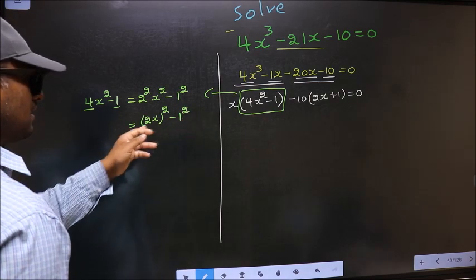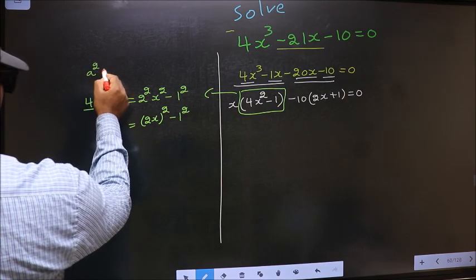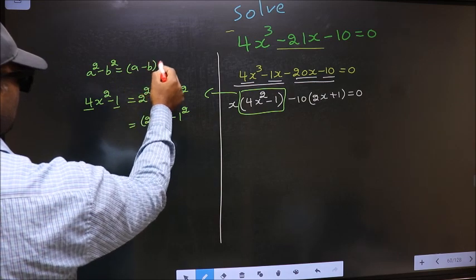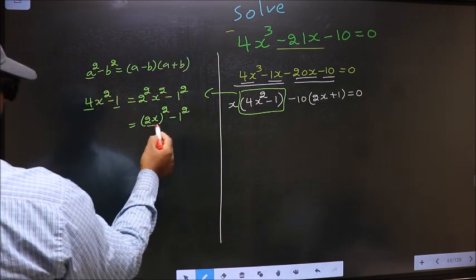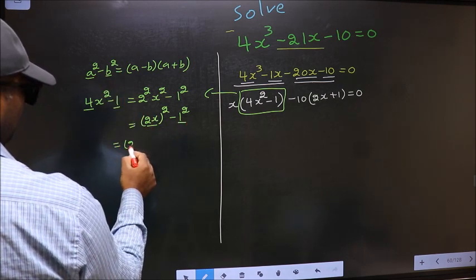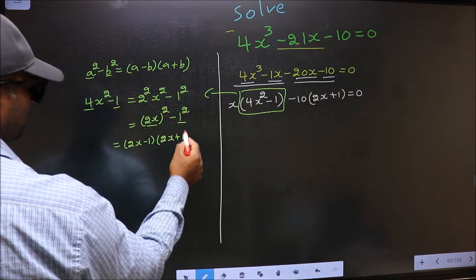Now on this we should apply the formula a square minus b square, that is a minus b times a plus b. In place of a we have 2x, in place of b 1. So we get 2x minus 1 times 2x plus 1.